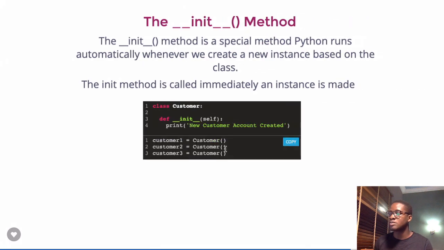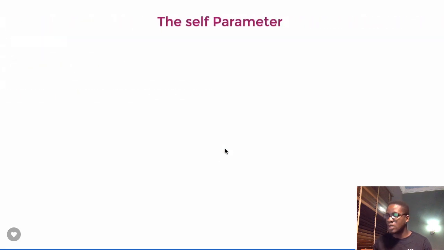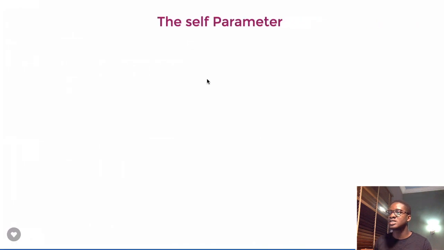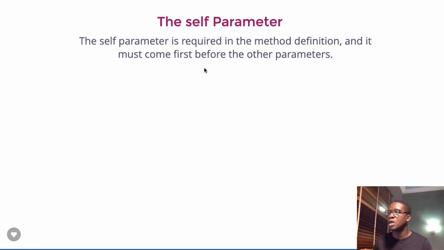So moving further, we're going to talk about the self parameter which we have given inside of here. So what is the self parameter and what is it about? The self parameter is required in the method definition, and it must come first before other parameters.